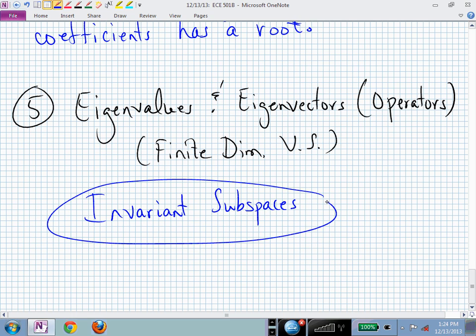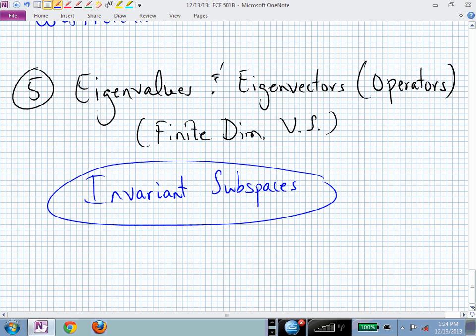And that's the key phrase or concept to think about when you're thinking about chapter 5, eigenvectors. Now, if you operate on that direction or that vector with a linear map, then you're going to stay on that same vector or in that same orientation if it is an eigenvector. It's an invariant subspace.